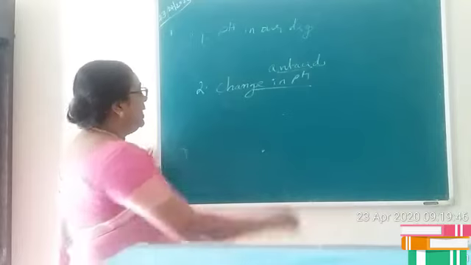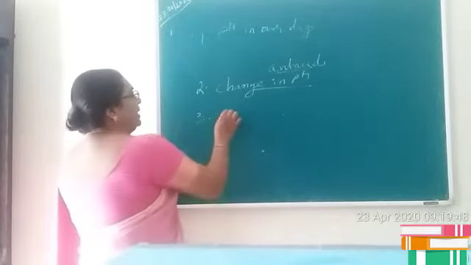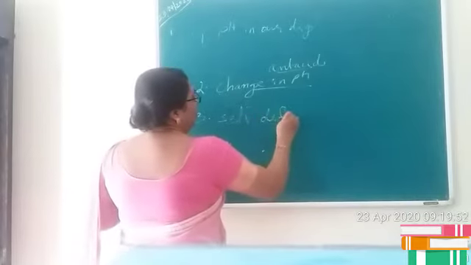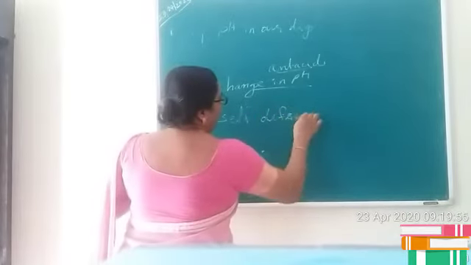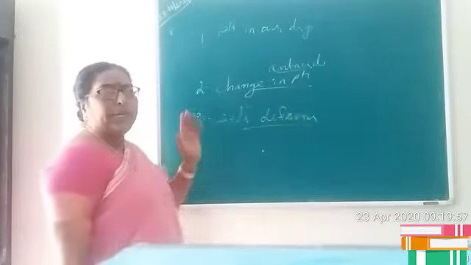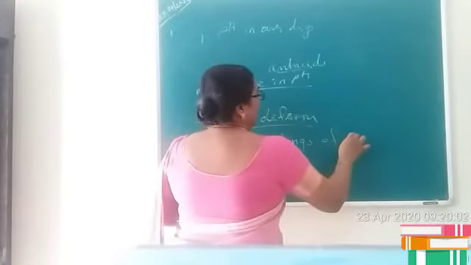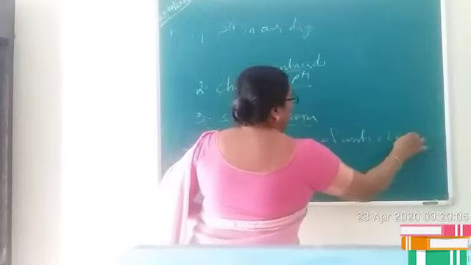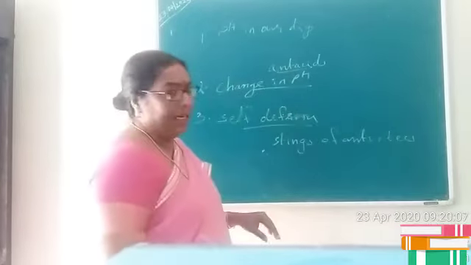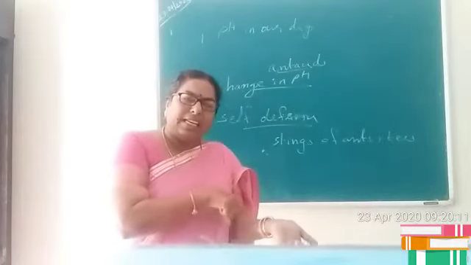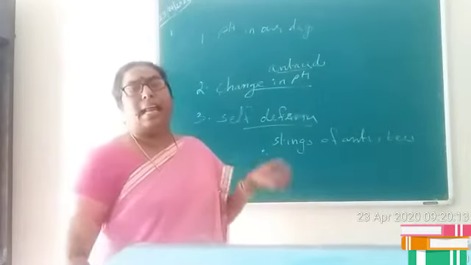Is it clear, children? The third application is self-defense of plants and animals through chemicals. For example, the stings of ants as well as bees possess methanoic acid. When they sting, they inject this acid into your skin, which causes irritation and pain.